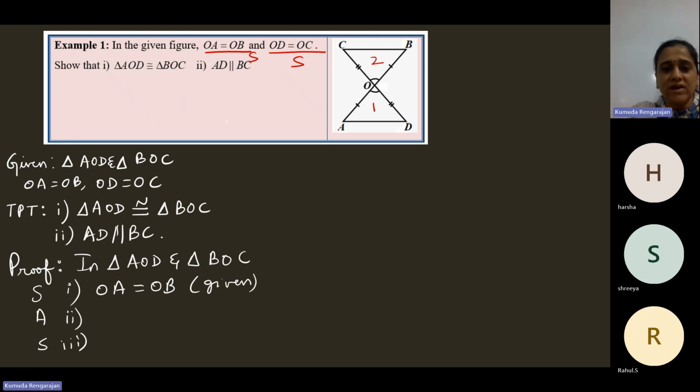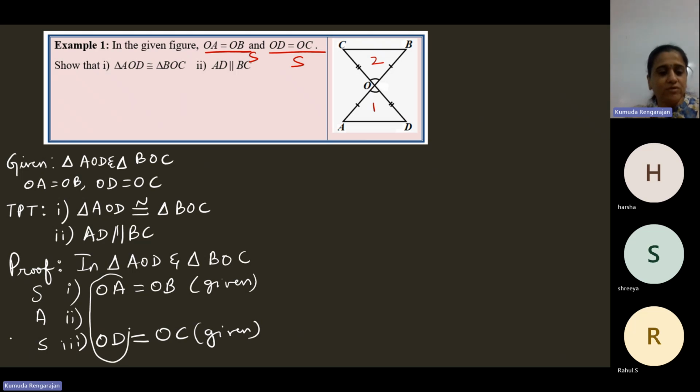Now the other equality given is OD of the first triangle. See the figure. OD of the first triangle is equal to OC of the second triangle. Correct? OD is the side of the first triangle, OC is the side of the second triangle. They are equal. It's given. Now, please listen. These are the elements, or the sides, of the first triangle.